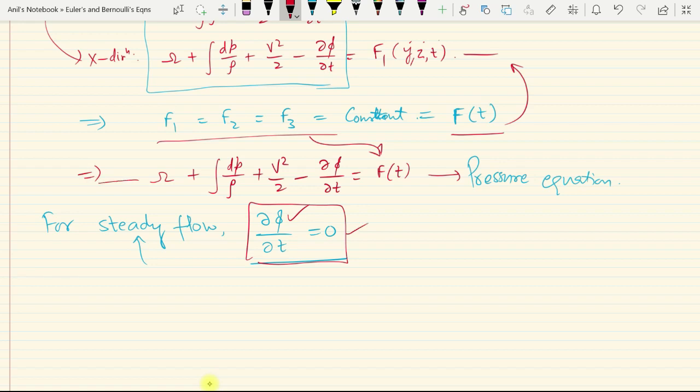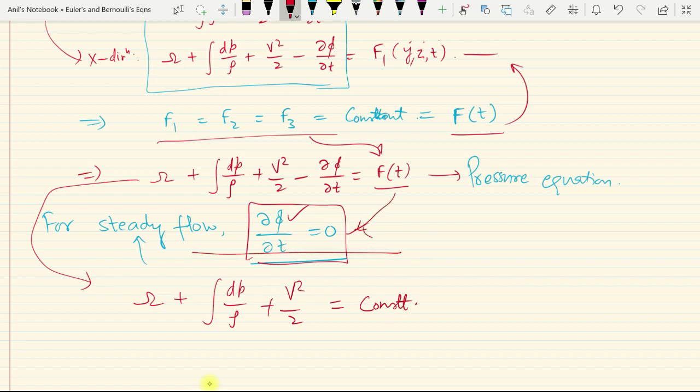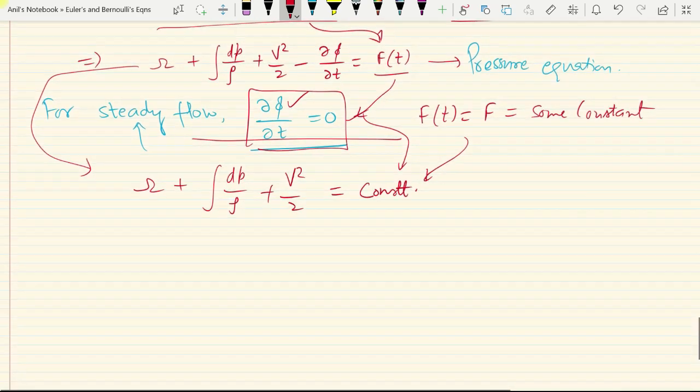So this equation reduces to omega plus integration dp by rho plus V square by 2 is equal to some constant. This is a constant, because now nothing depends upon time. Ft is simply f, or some constant, because it is also not depending upon time.